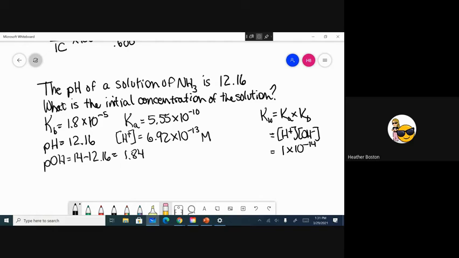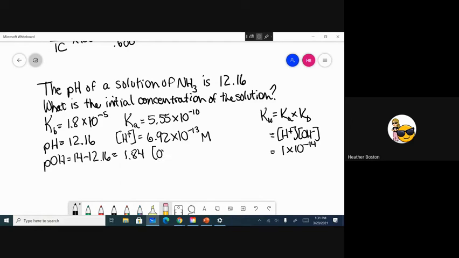So I could either say that OH minus is Kw divided by H plus, or I could say OH minus is the inverse log of the negative pOH. So I do second log of negative 1.84.